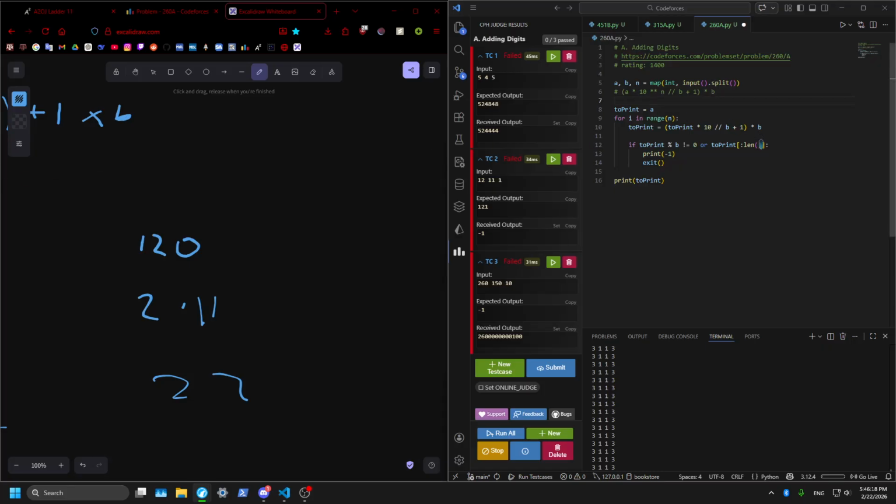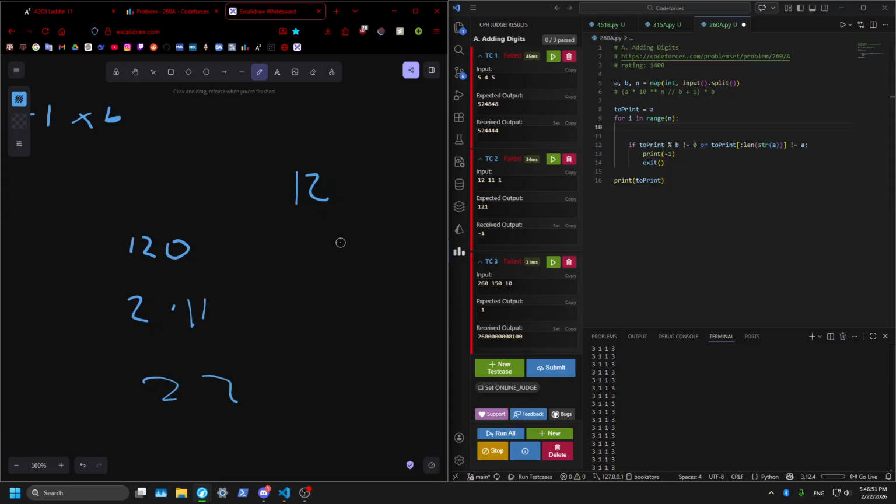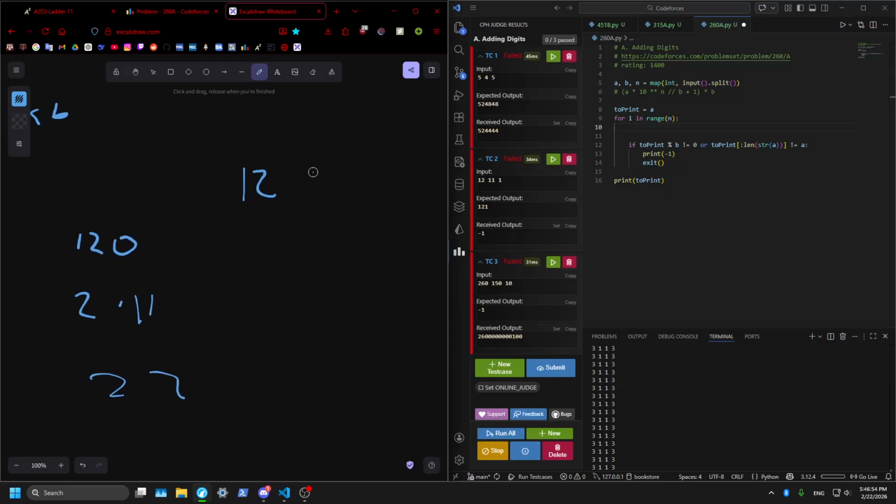Like, if len of A is not equal to A, then we print -1, exit. Now we need to come up with a way to find to print. So given 12, I guess we can check 1 through 10 for a multiple.